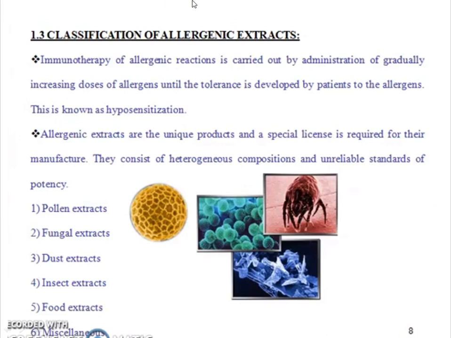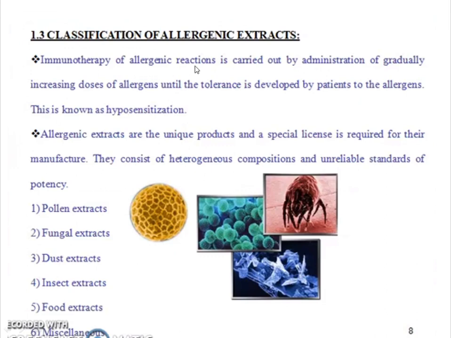In order to treat the allergic condition which occurs because of pollen grains, fungi, dust, insects and food, many doctors recommend immunotherapy for the treatment of allergic reactions.